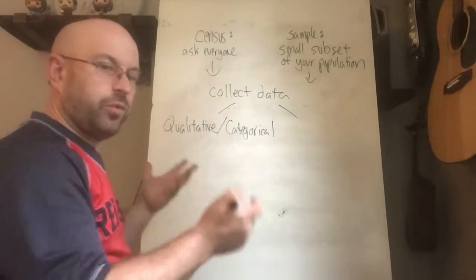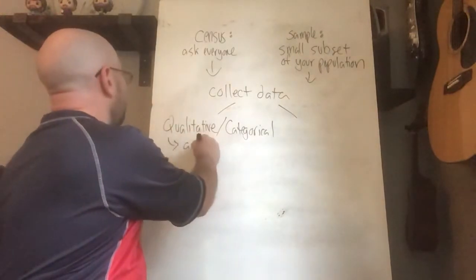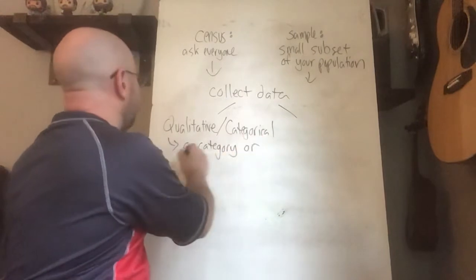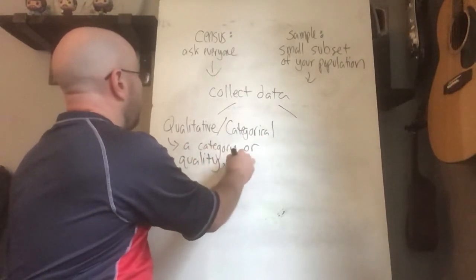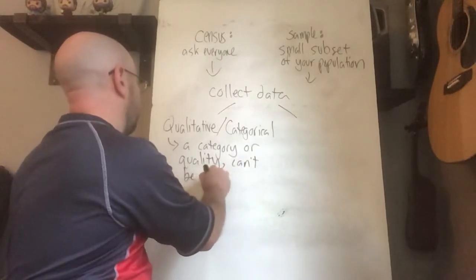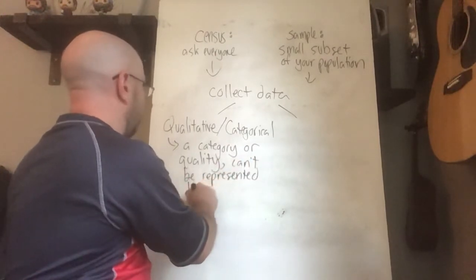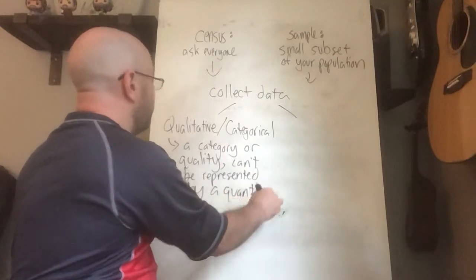This is something that has to do with a quality, so we'll say a category or a quality. It can't be represented by a quantity, really.